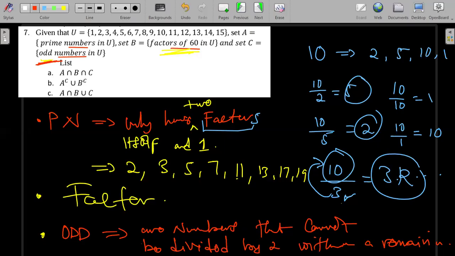So I have a question. Since we are saying odd numbers are numbers that cannot be divided by 2 without leaving a remainder, is 1 an odd number? Can we classify 1 as an odd number?